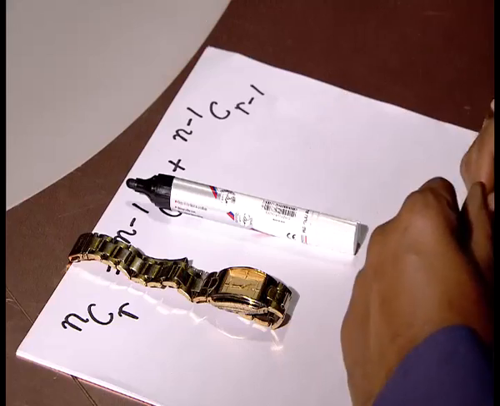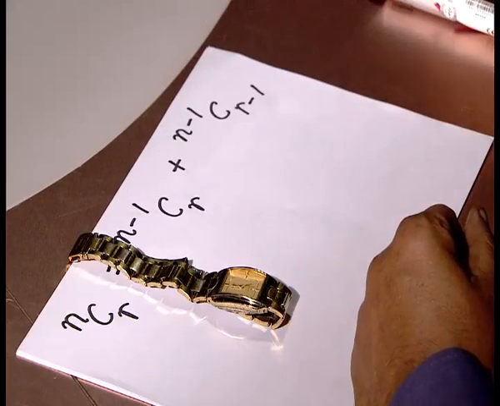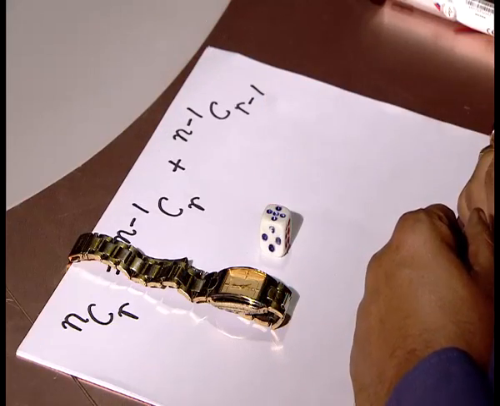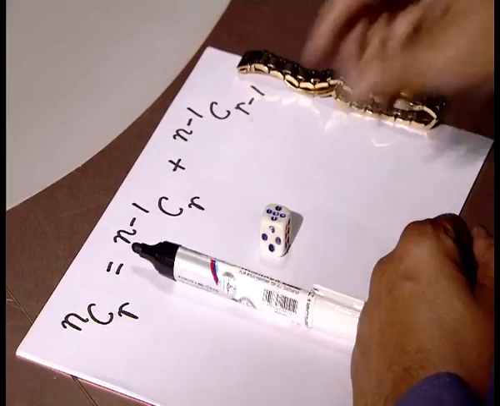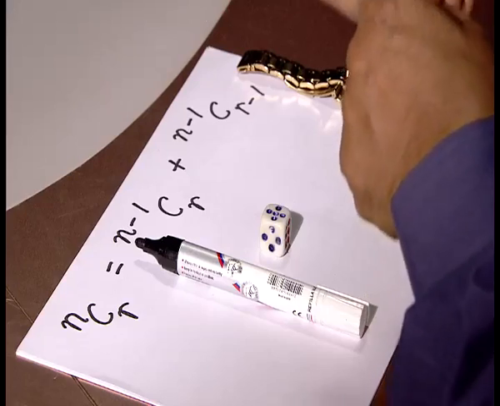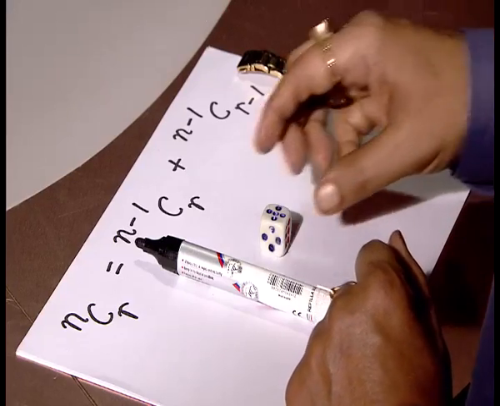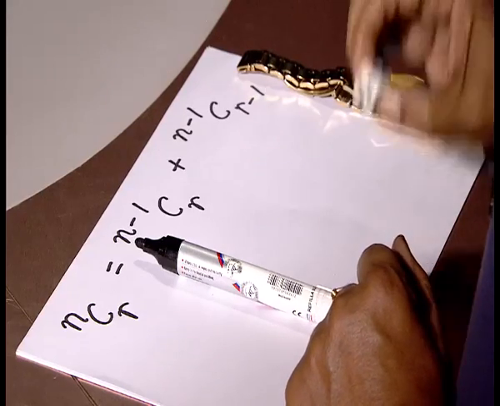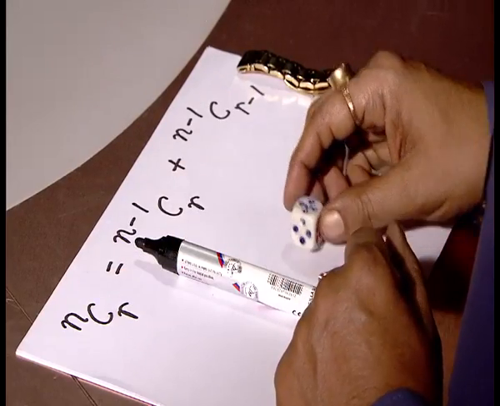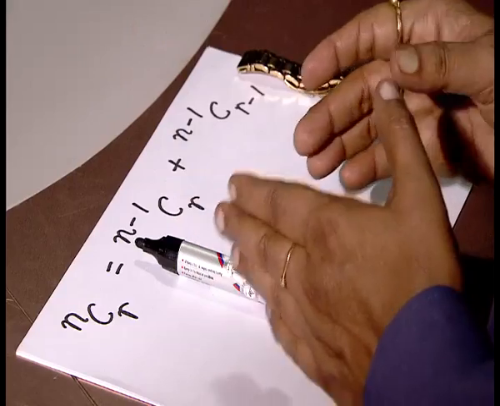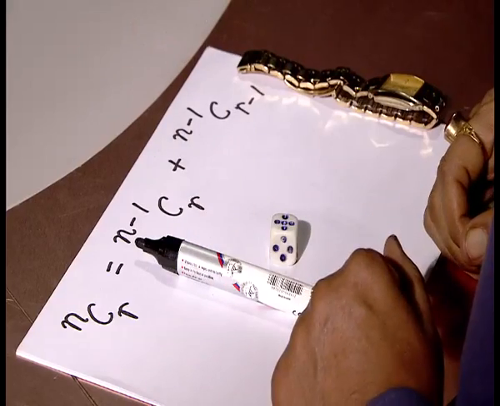There can be two other combinations, that is the watch and the die and the pen and the die. So, in the latter two combinations, the die was always there, and in the first combination it was not there. And if you take an aggregate of that, you get the total number of combinations.